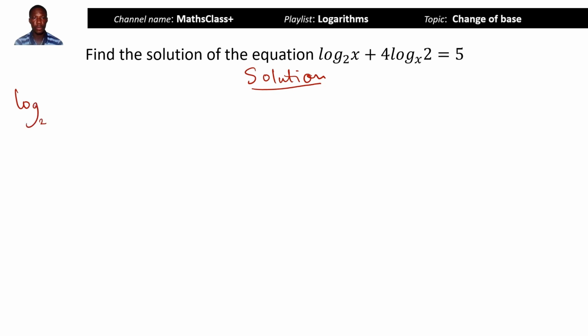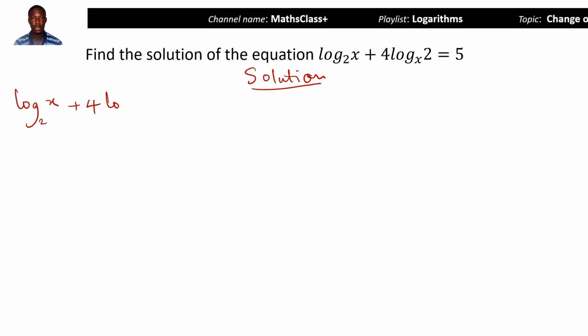Log to the base 2 of x plus 4 times log to the base x of 2, and this expression is equal to 5. Okay, so as we see the log x to the base 2 and log 2 to the base x, they are just funny. We have to change the base of one of them.